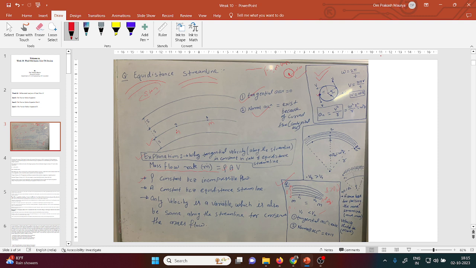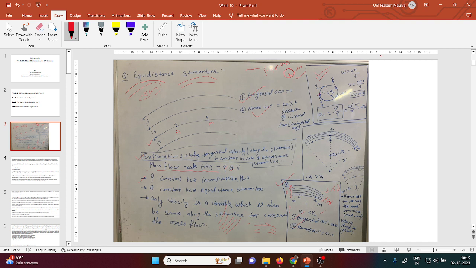So in this type of streamline flow, the tangential acceleration and the normal acceleration are always there. In the equidistant case there is no tangential acceleration, but if the streamline is converging or diverging, converging means the streamlines are meeting, that is, the area of flow is less, and diverging means this is less compared to this.